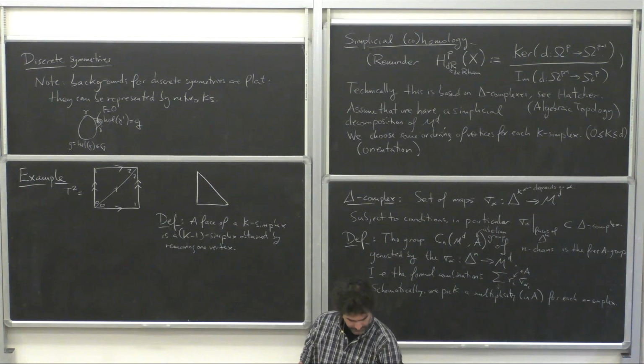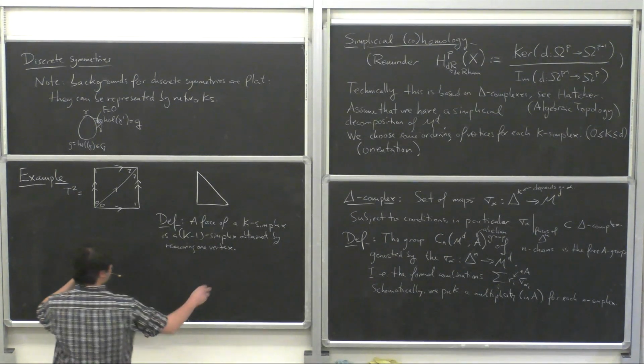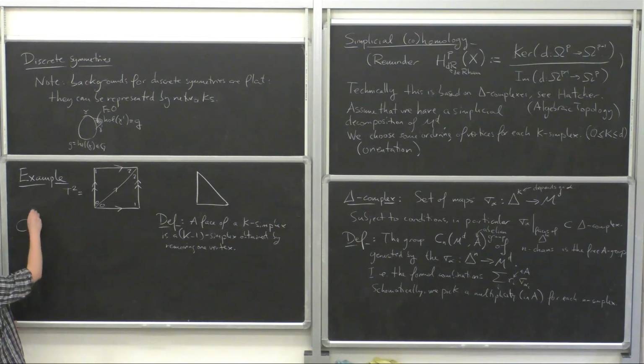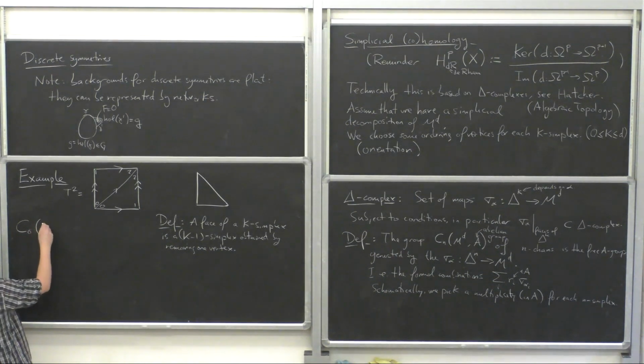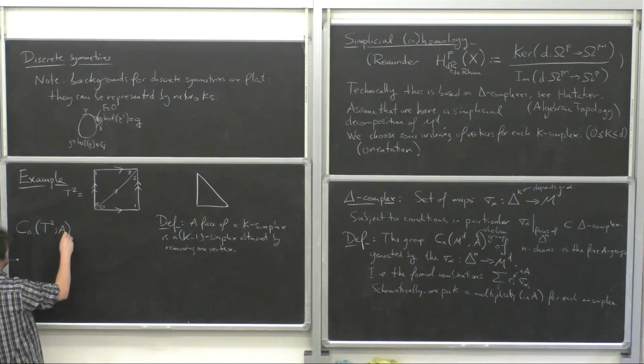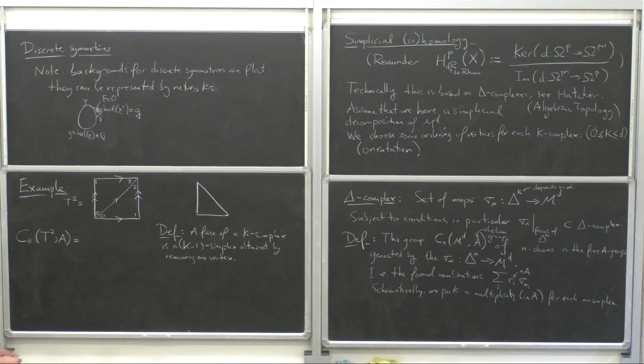All right. So let's try to keep track of our definitions in this example. For the torus, C0 of T2 with coefficients in A. Let's see what this is. But at this point, it's probably good to label my complexes. Let's start with C2, perhaps.